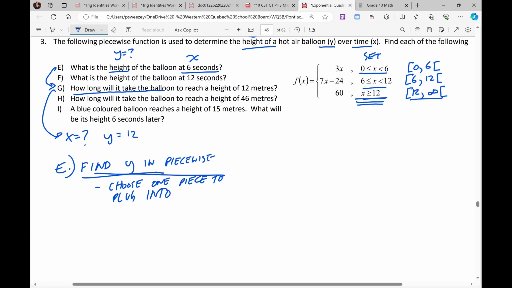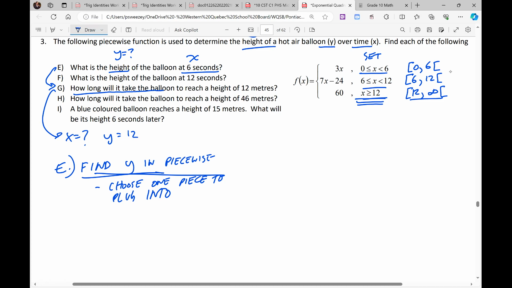That's a great question. The difference here is that this one doesn't have an equal to sign and this one does. When I went to write the interval notation, the fact that these brackets are facing away means that I am not going to include it. It means I'm not including 12.